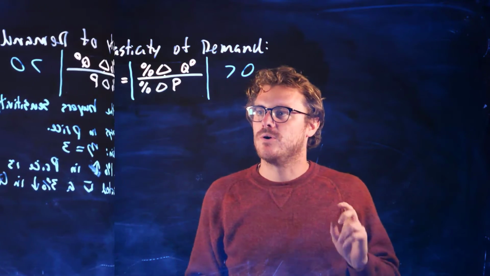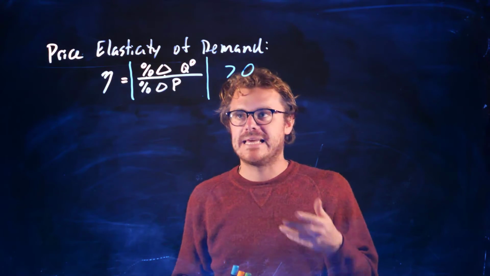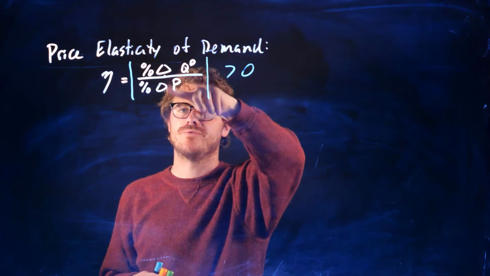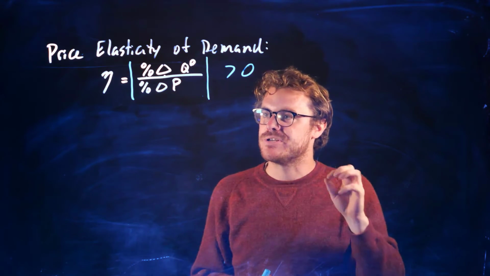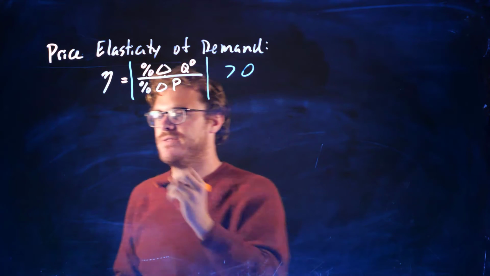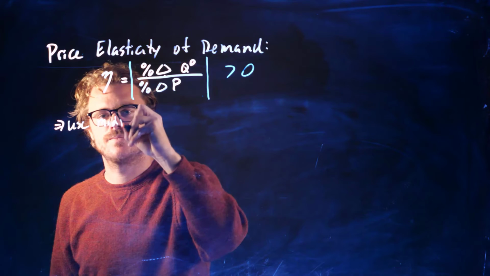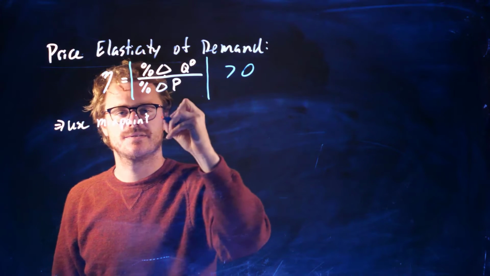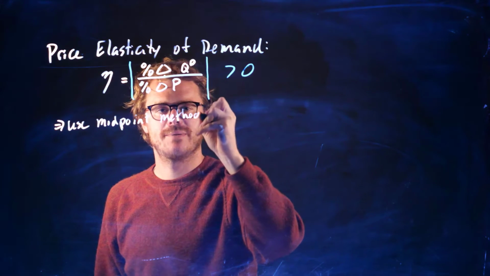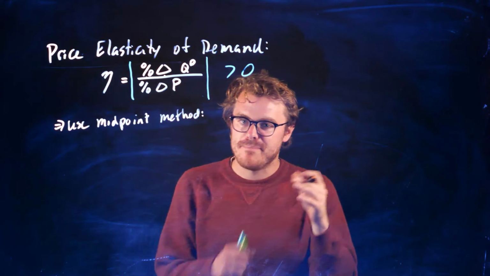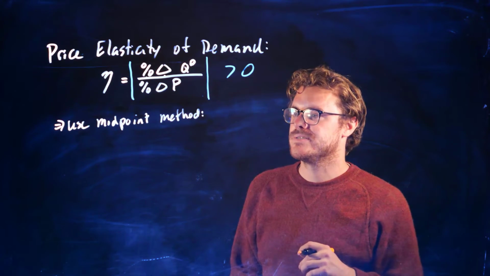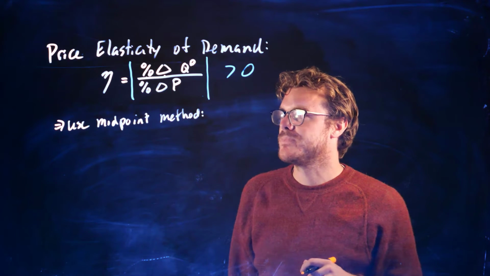It's important in this course that we all use the same method to calculate this fraction before we take the absolute value. In particular, we're going to use the midpoint method in this course, and I'll explain what that is. Essentially, we're going to be calculating the elasticity at a midpoint between two different points, so in the middle of two different points.